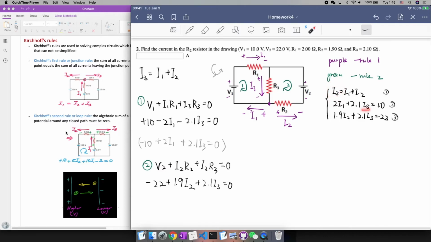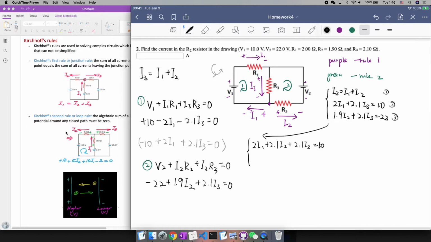We want I3 to disappear, so that we only have 2 variables, right? So we're going to write it here.